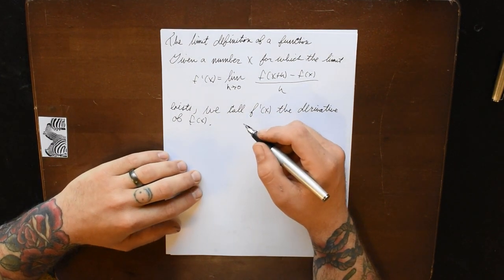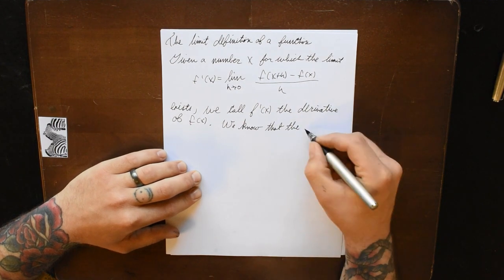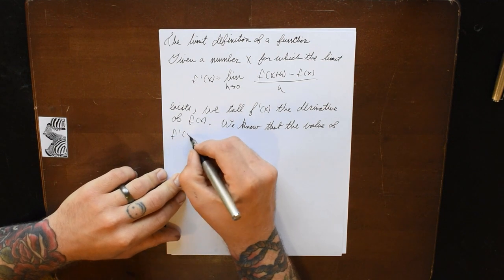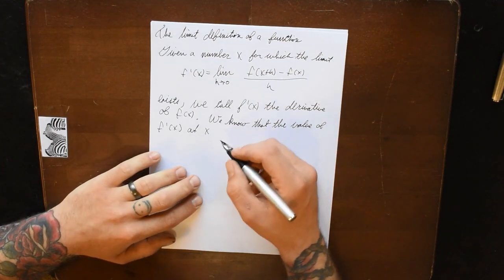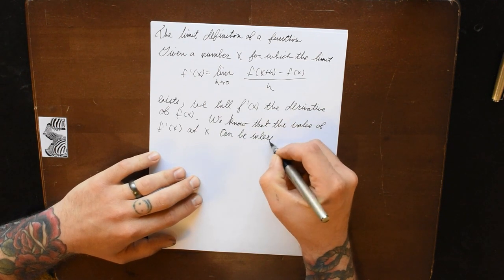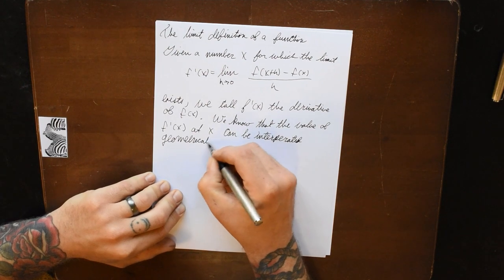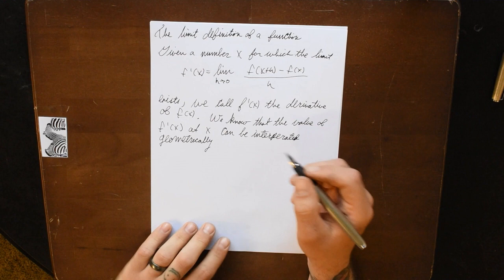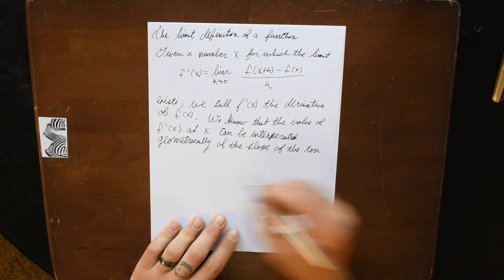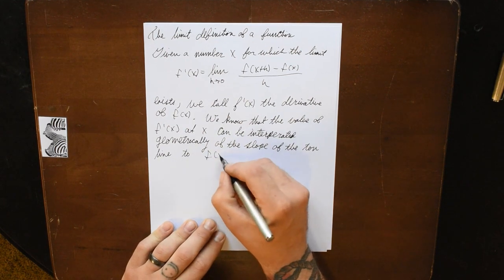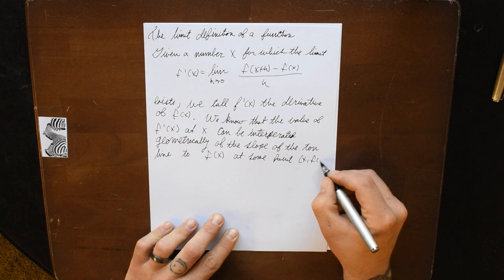And then the book goes on to say, we know that the value of f prime at x can be interpreted geometrically as the slope of the tangent line to f of x at some point x, f of x.